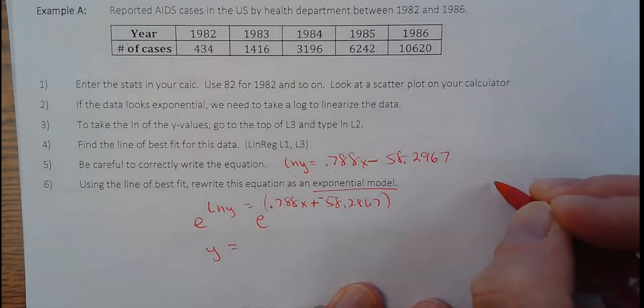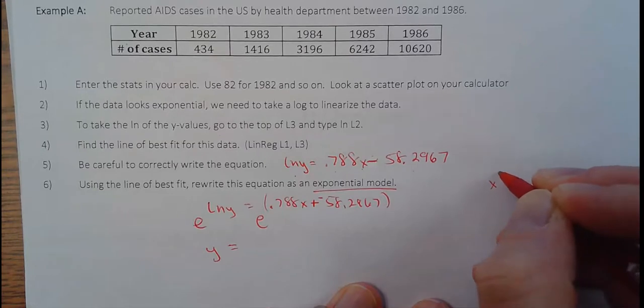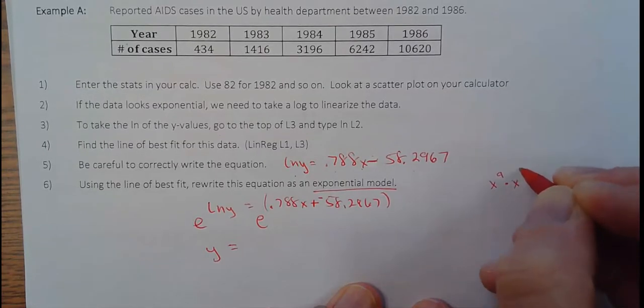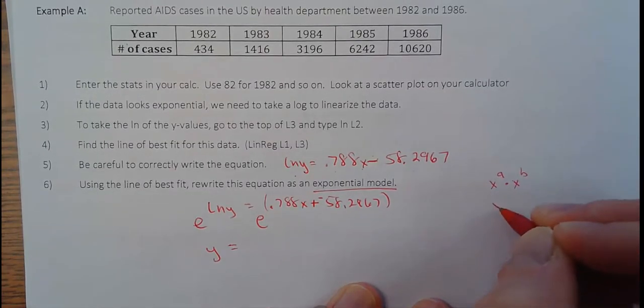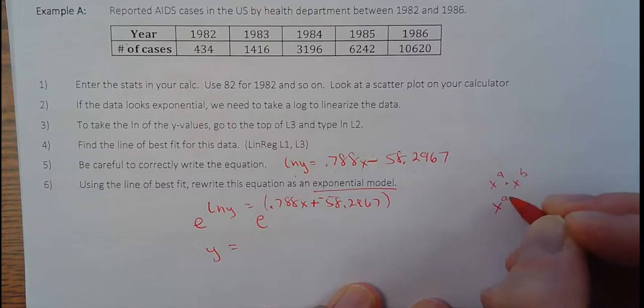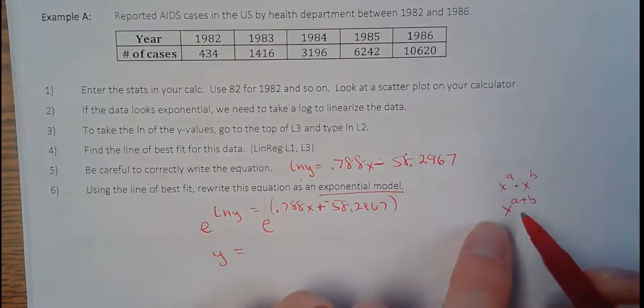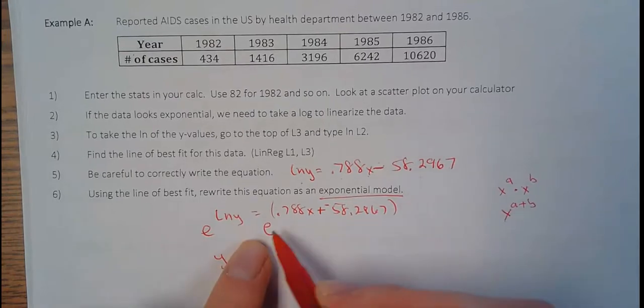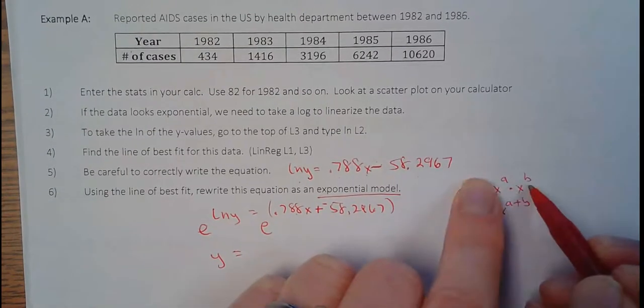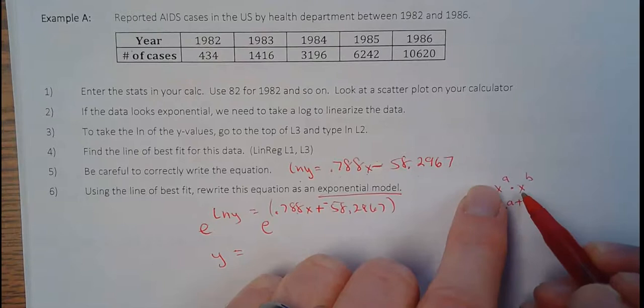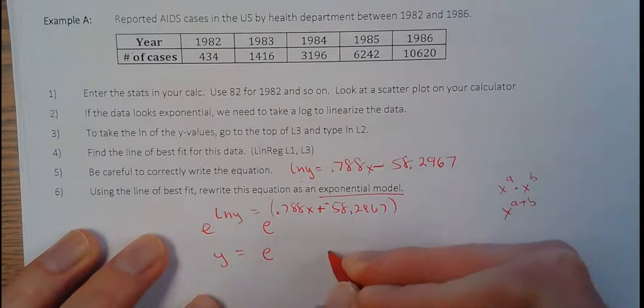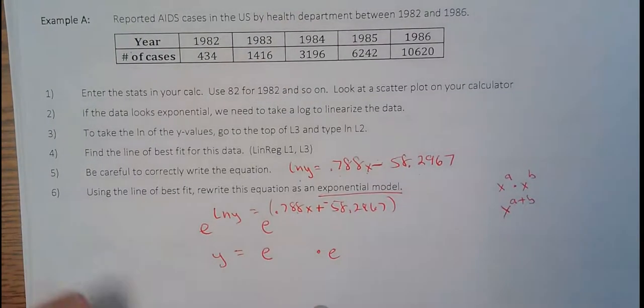Remember how if I had x to the a times x to the b, that's the same thing as you add the exponents a plus b. Well, I can go backwards with that. If I have e to this plus this, I can split them with multiplication. So I'm going to have e and e with different exponents.